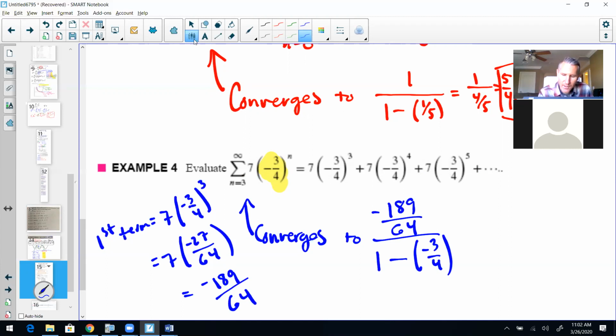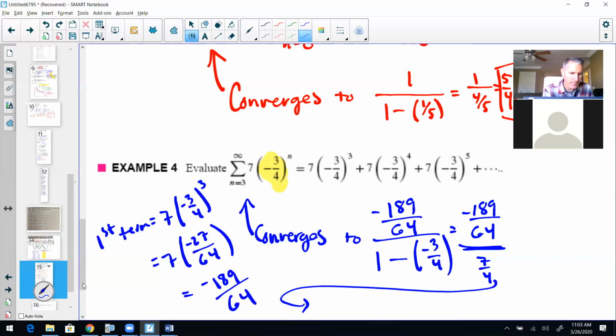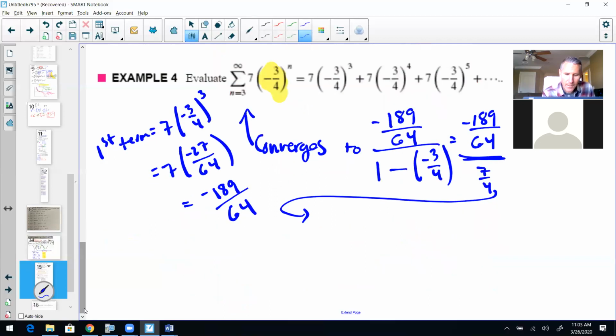Which is just -189 over 64 divided by, minus the negative, so it's 1 plus 3/4, so it's 7/4. That ends up being negative 189 over 64 times 4 over 7.